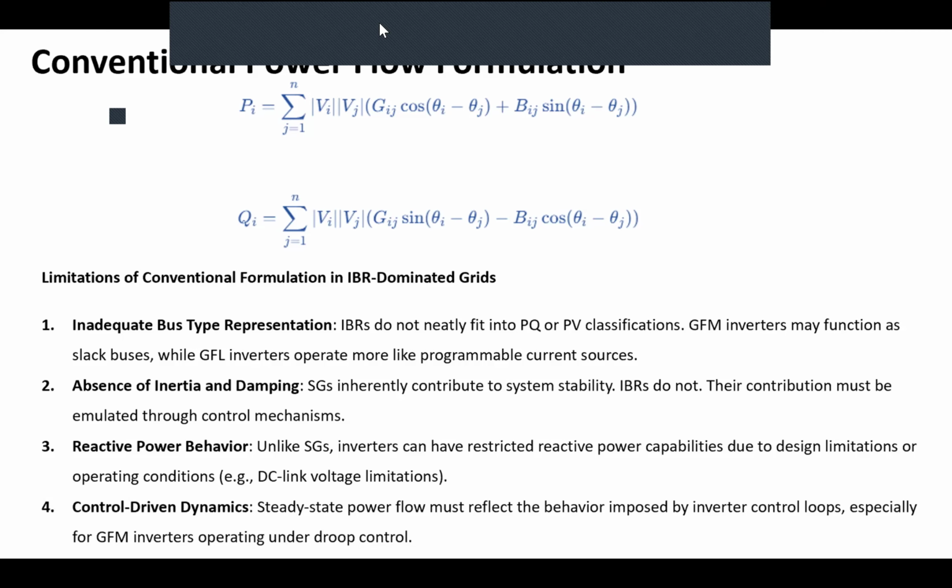Although they want to support the system, because they are locally mandating those variables, they are not necessarily completely compatible with each other. There are going to be some errors between them. Do you understand what I'm saying? For example, the grid forming one wants to have the voltage as 1 kilovolt and 60 hertz frequency.